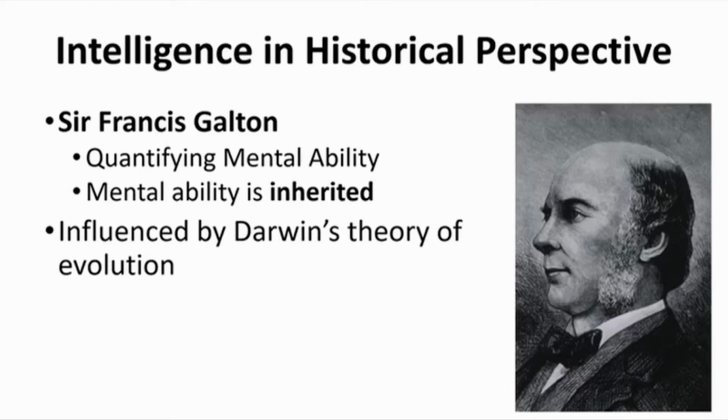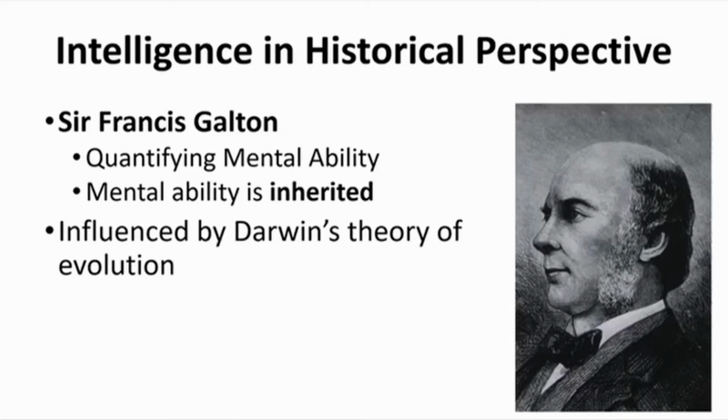And he was specifically interested in eminence and genius, so the link between being successful and being intelligent. From his investigations of family trees full of eminent and also intelligent people, he concluded that mental ability is inherited.